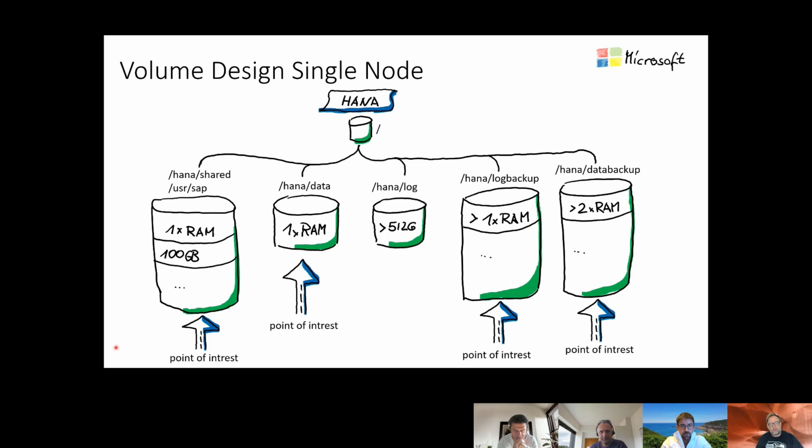The volume design, especially when we talk about backups or recoveries, we need to see what the interesting points are which we need for a database recovery. So, last but not least, the HANA shared or the usr/sap volume, that is a more static volume, so you don't need to care about a consistency point in that directory or volume.